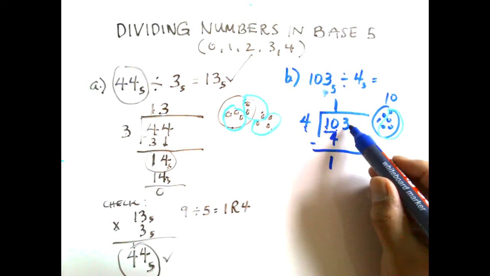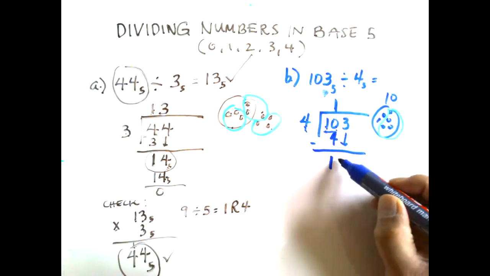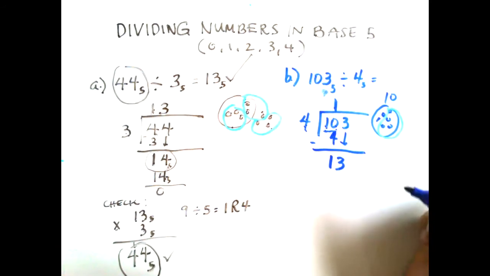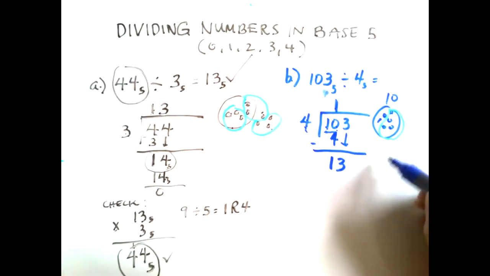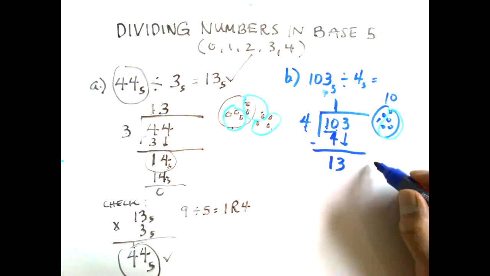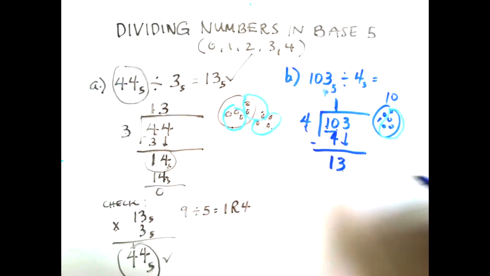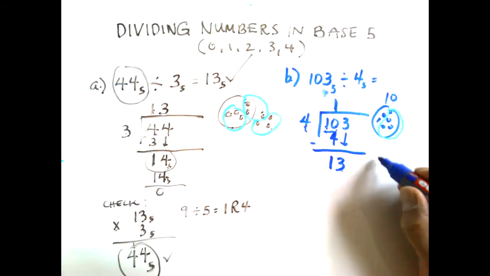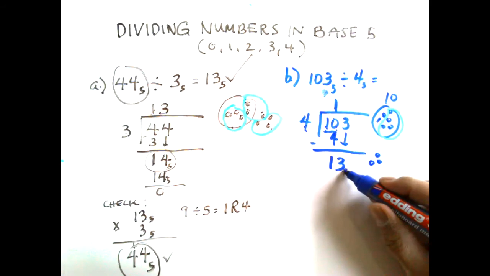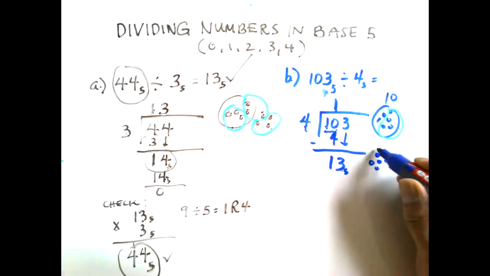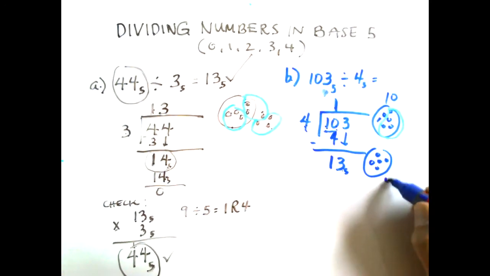And so we bring down the 3 and we have another number, 1 3. How many 4s go into 1 3? We have to draw this one: one group of 5, in base 5, and 3 outside: 1, 2, 3.